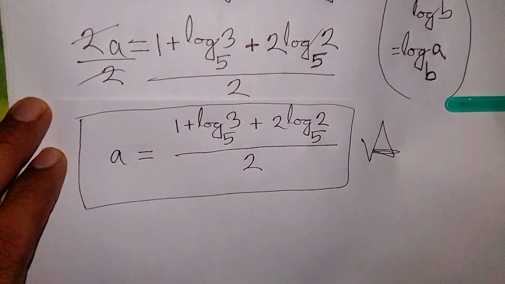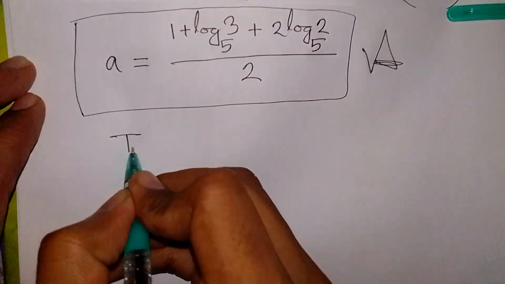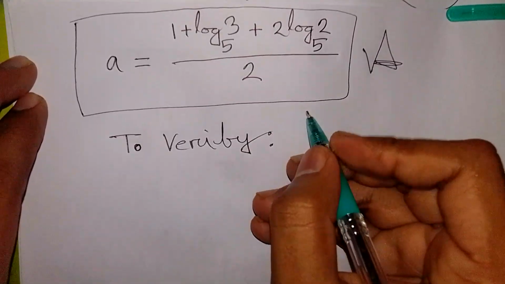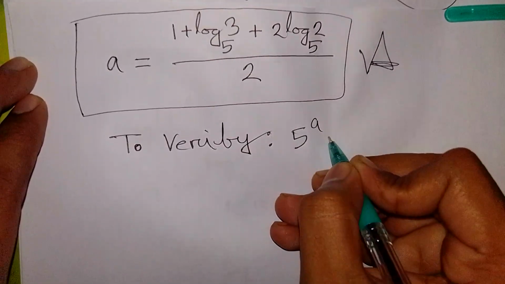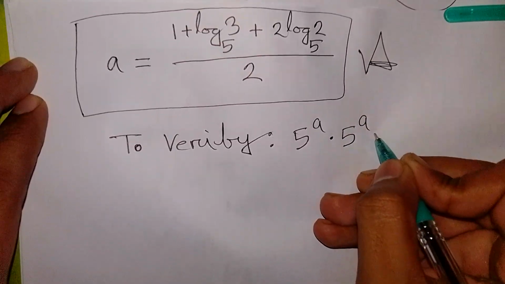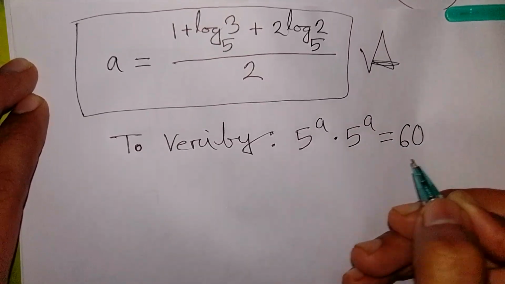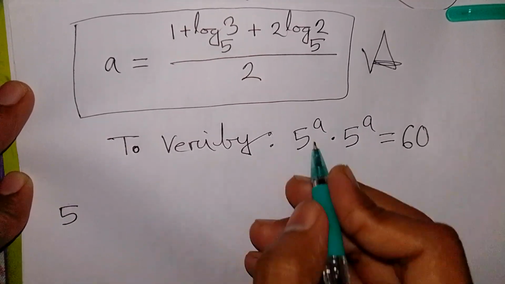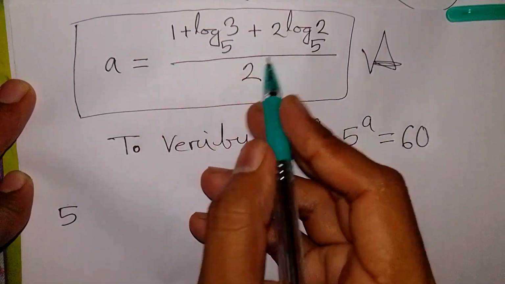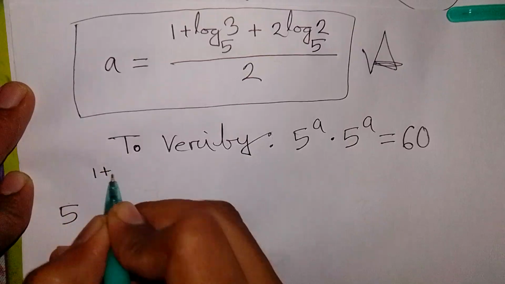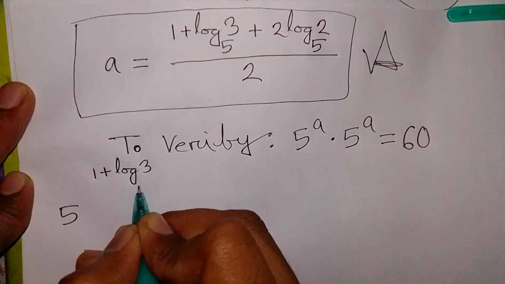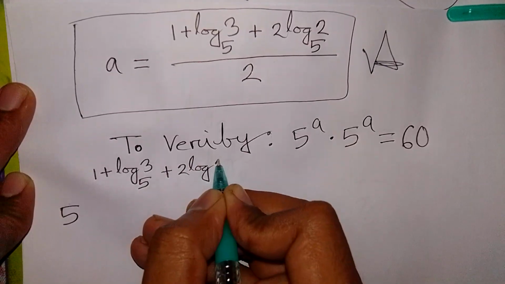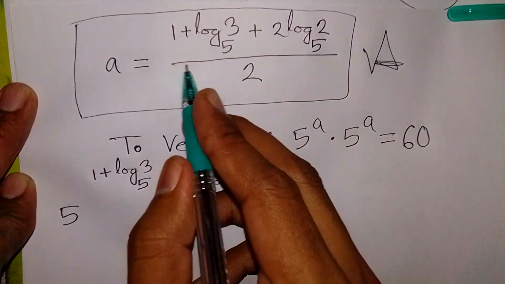Now to check, to verify our equation, 5 power a times 5 power a is equal to 60. Now 5 power of a, that means the value of a, which is this, 1 plus log 3 base 5 plus 2 log 2 base 5, over 2.